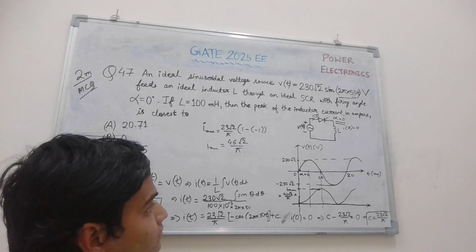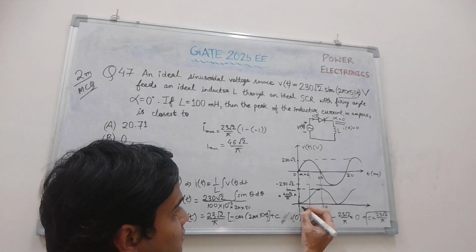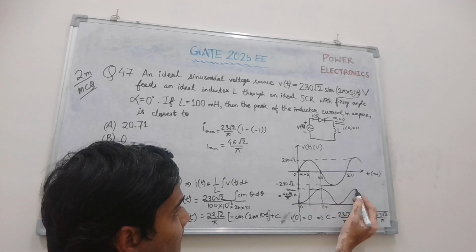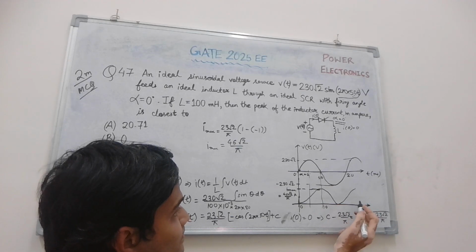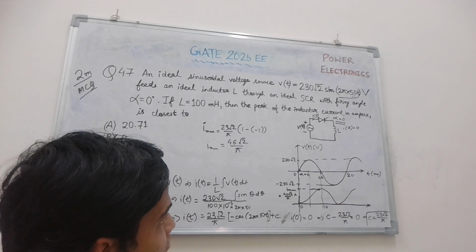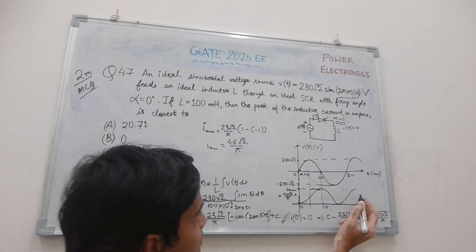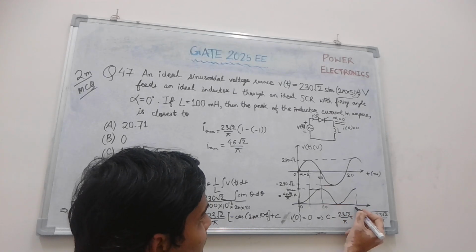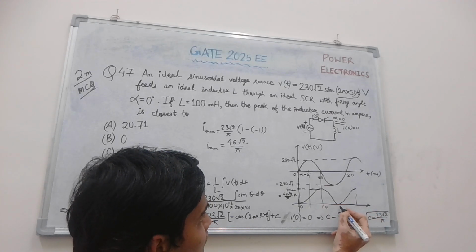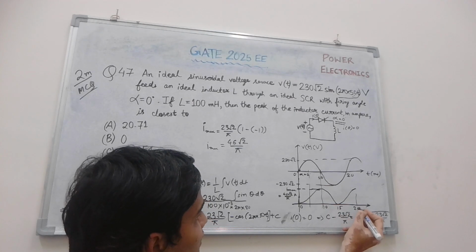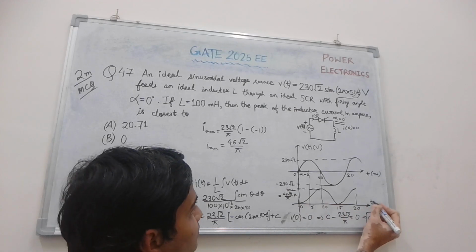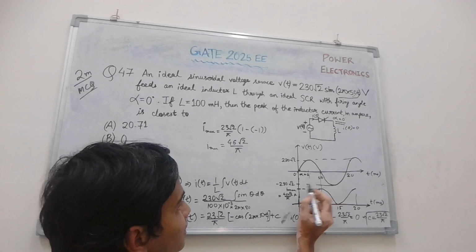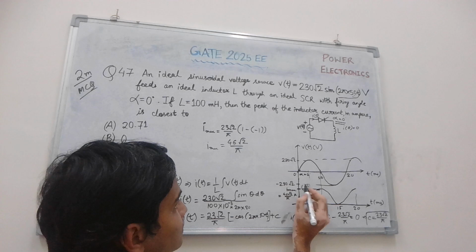The axes are time in milliseconds and I in amperes.